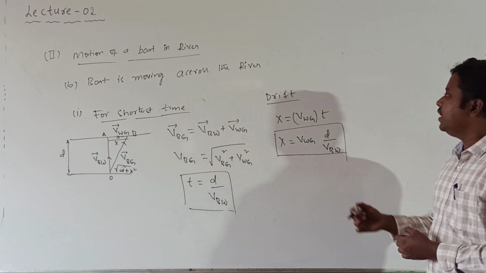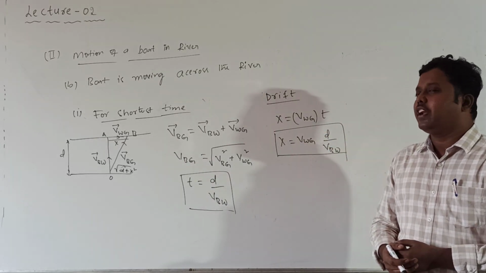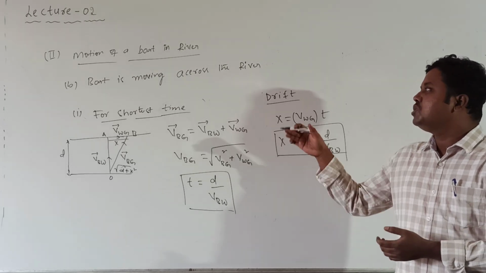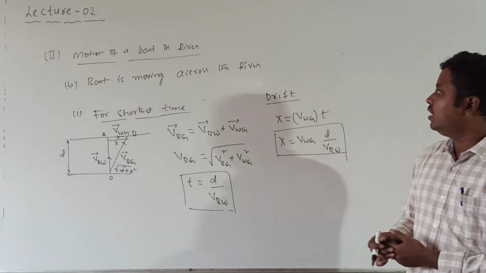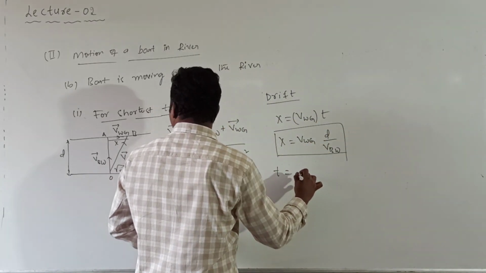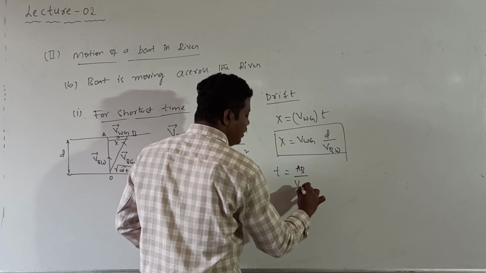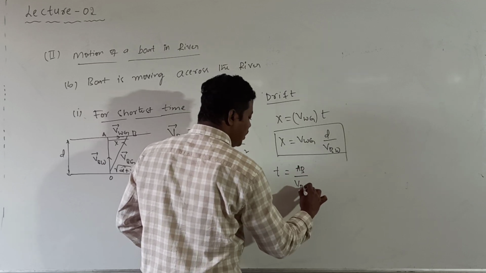Understood? So this is the calculation for a boat to cross the river in the shortest time. Understood? So time can be calculated. One thing I am telling you, time can be calculated. If I consider along the direction AB, I should take the velocity of boat with respect to water.